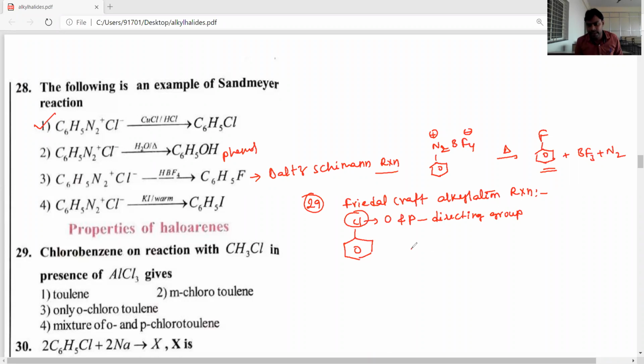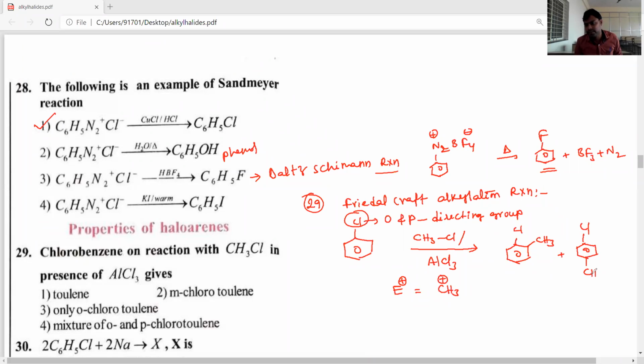So this reacts with CH3Cl, methyl chloride or chloromethane. In the presence of AlCl3, the electrophile is CH3 plus. This CH3 plus will attack at ortho and para positions. Ortho methyl chlorobenzene and para methyl chlorobenzene, or orthochlorotoluene and parachlorotoluene will form.